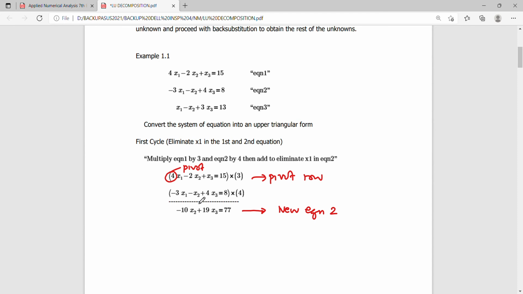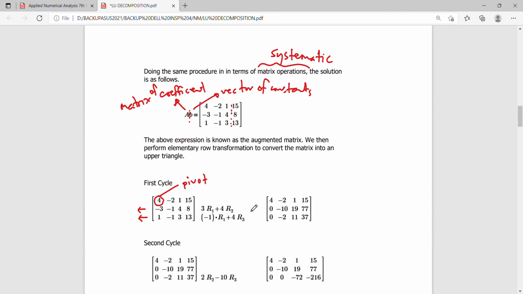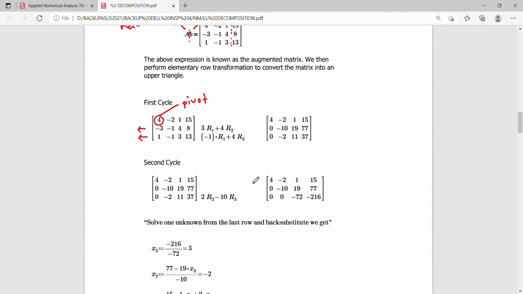So this is R2, that's why this is 4R2 plus 3R1. Then you add it, you actually have performed the same procedure here in matrix form.